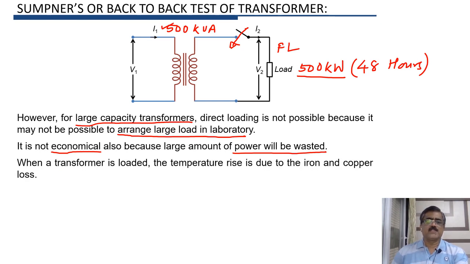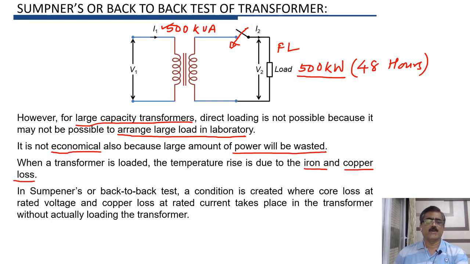Now, the main reason of temperature rise in transformer is due to losses, that is iron loss and copper loss, which is taking place in transformer. Therefore in Sumpner's or back-to-back test, the transformer is not actually loaded, but a condition is created where core loss at rated voltage and copper loss at rated current takes place in transformer.